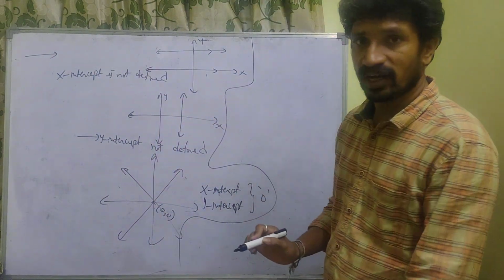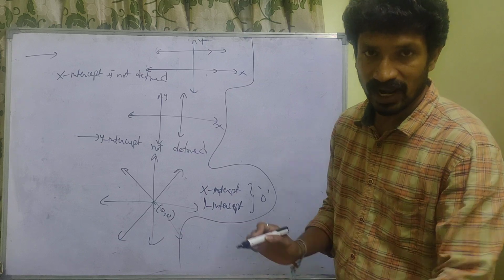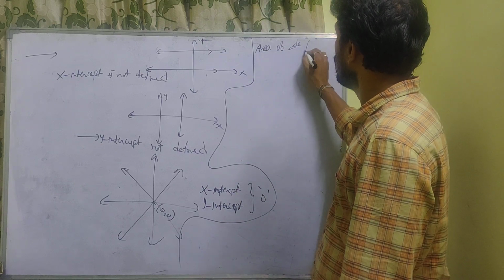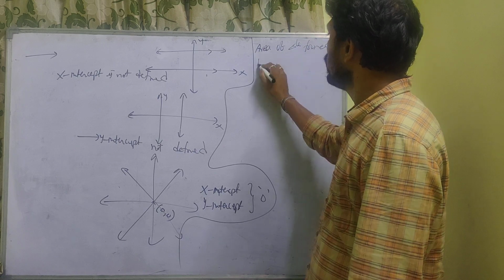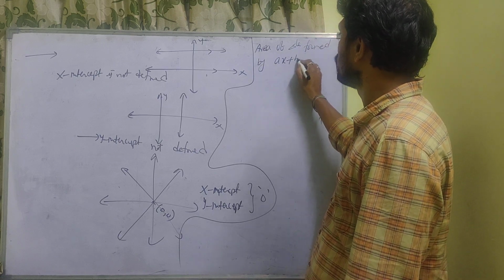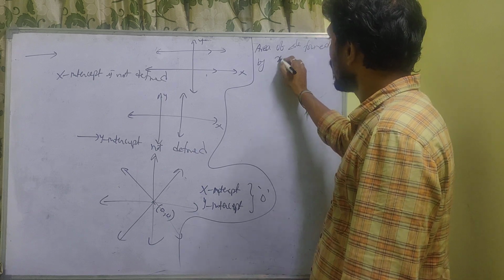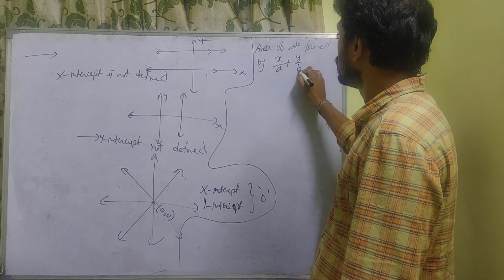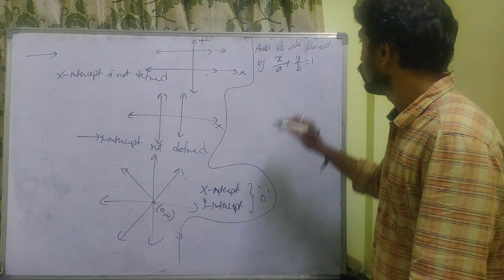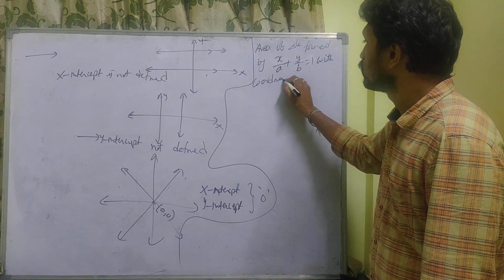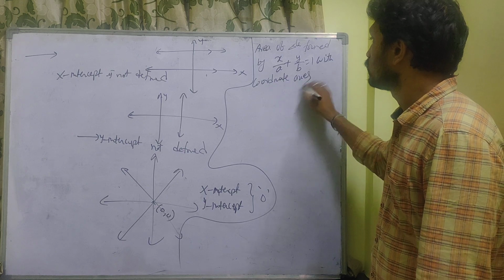Next one: the area of the triangle formed by the line ax plus by plus c. First take the line x by a plus y by b is equal to 1 with the coordinate axes.